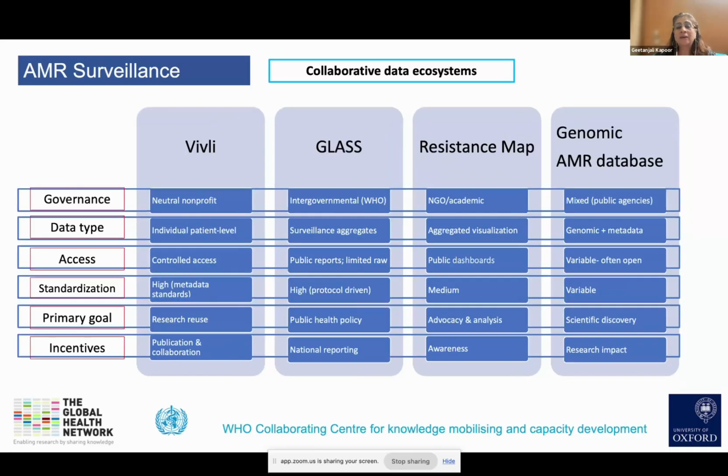Now, having said that, of course, we also know that there are currently platforms where data on AMR is available. It's pooled data. It comes from different sources. On this slide, I've just picked up four. Of course, we all know there are many more which I may not have put here. Since Vivli is going to be talking about their ways, I have just shown Vivli right on the top out here.